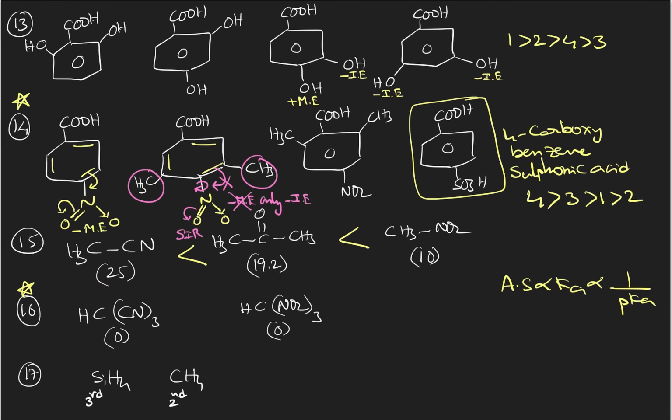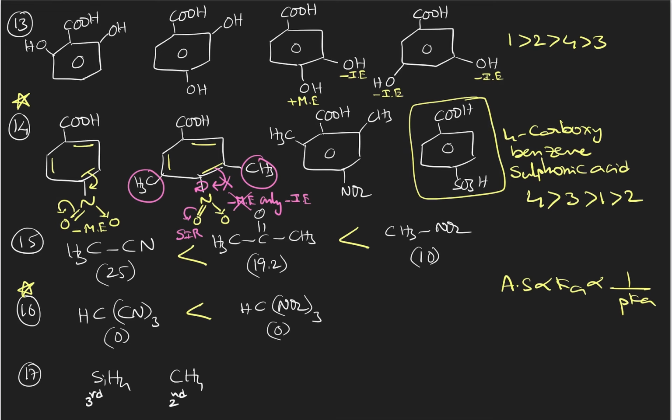But if at all you want to compare blindly, which is more acidic, then we know from GOC concepts, GOC knowledge, that NO2 is a stronger withdrawing group than CN. So you can say the second compound is more acidic than the first compound. Understand? And then coming to the next example.